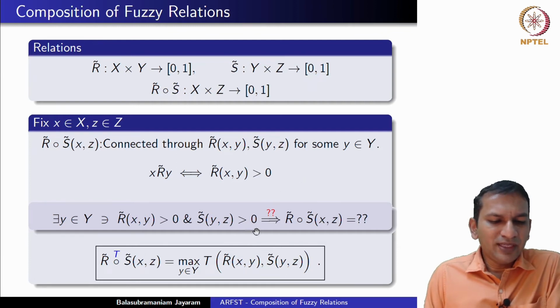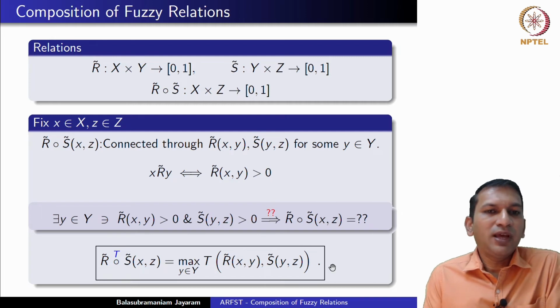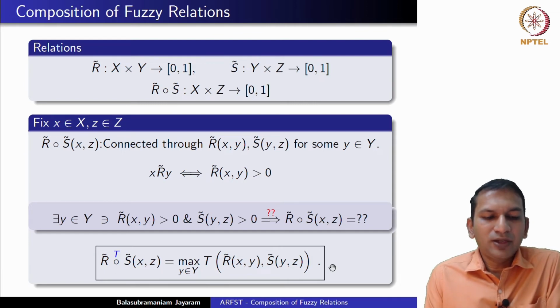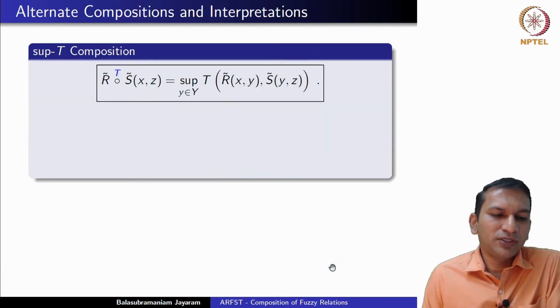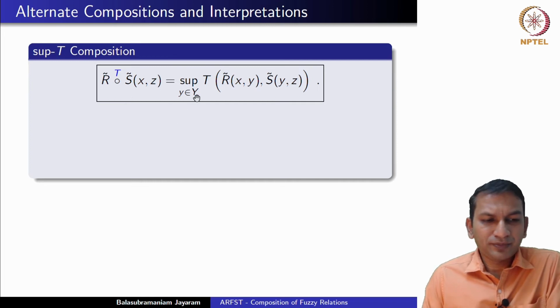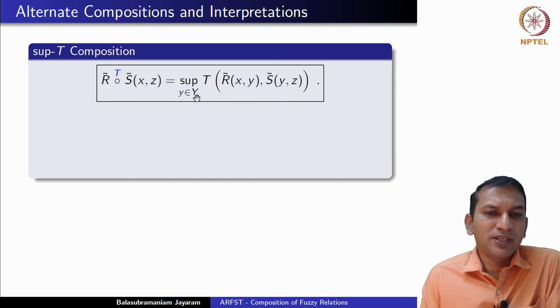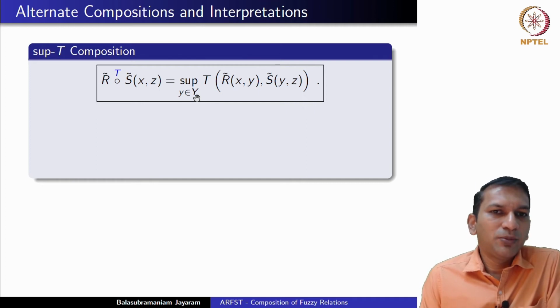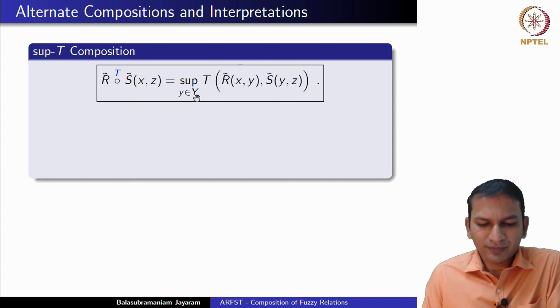So it is a very nice way of capturing what happens in the case of transitivity, and this is what is called sup-T composition, max T composition. In the case that Y is finite, obviously sup becomes max, but otherwise in general, instead of talking about max min, we talk about sup-T composition.